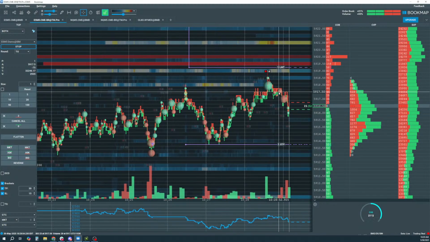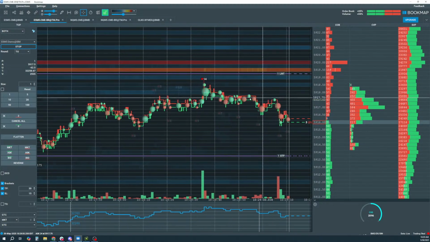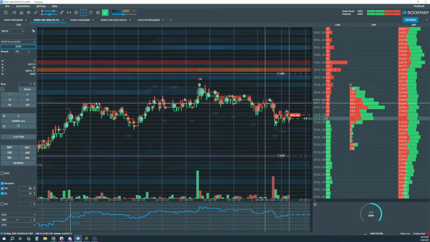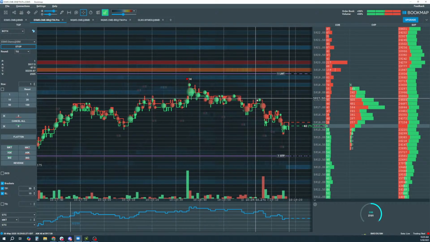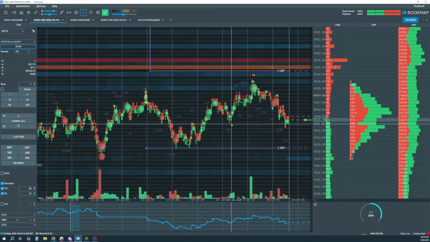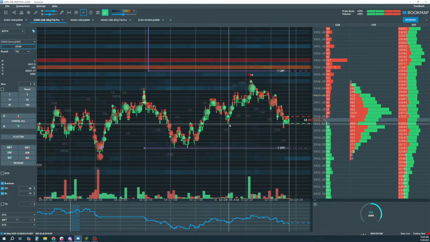Okay, so now you can see it. Some sellers here, buyers probe back up to here, and they have no follow through. Right, so we're going to go lower. We're going to see if we find buyers now.